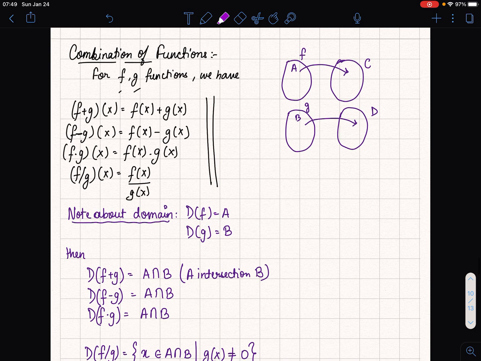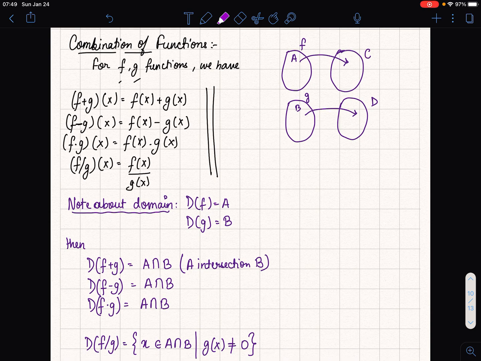We now come to an important topic known as combination of functions. For functions f and g, where a is the domain of f, c is the codomain, b is the domain of g, d is the codomain, we have f plus g of x to be f of x plus g of x, f minus g of x to be f of x minus g of x, f times g of x equals f of x times g of x, while f divided by g of x equals f of x divided by g of x, given g of x is non-zero.